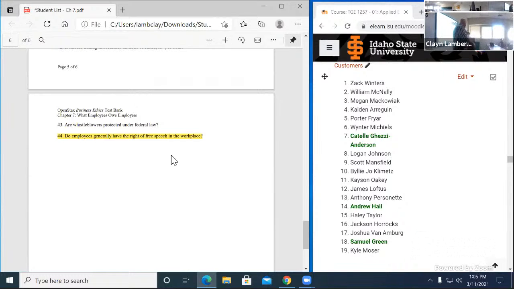But in a right to work state where we don't have as strong of a presence as that, we do at-will employment, which allows the employer to fire you if they so desire, and freedom of speech is not one of the things that would be protected in that kind of situation.